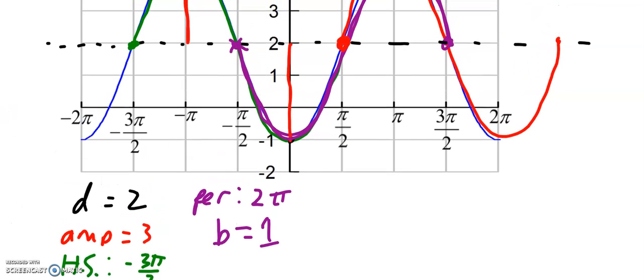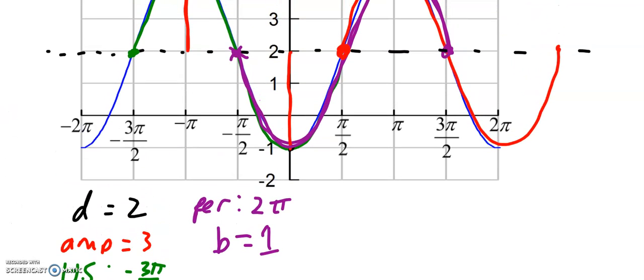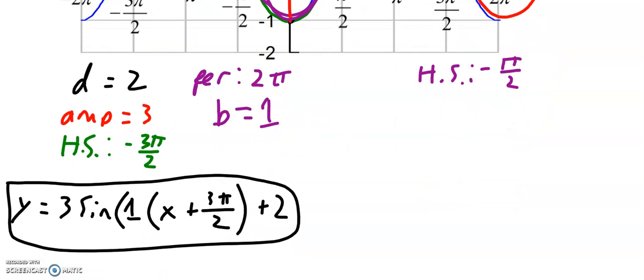Another correct answer, let's go ahead and do the purple. So let's say that our horizontal shift is negative π/2. So if it's negative π/2, now almost everything is going to be the same, except this is going to be a negative sine curve.